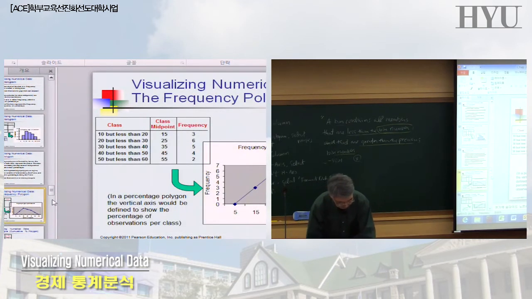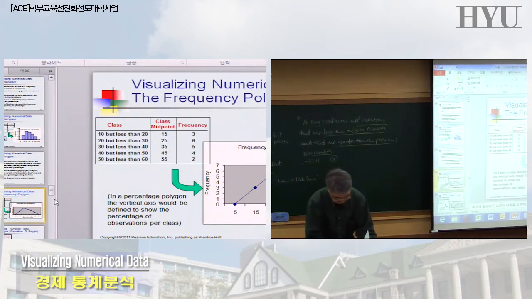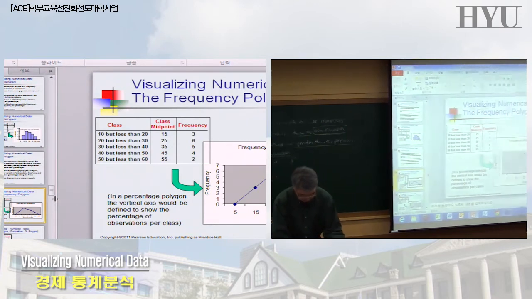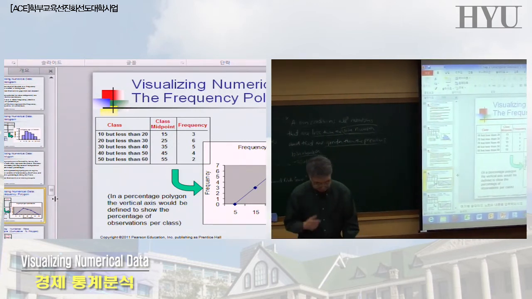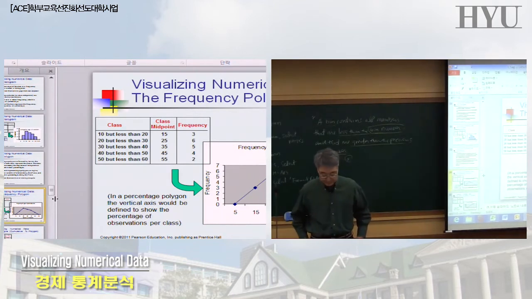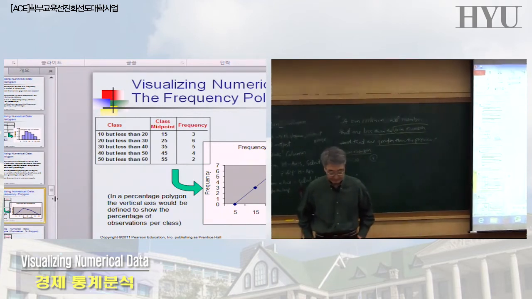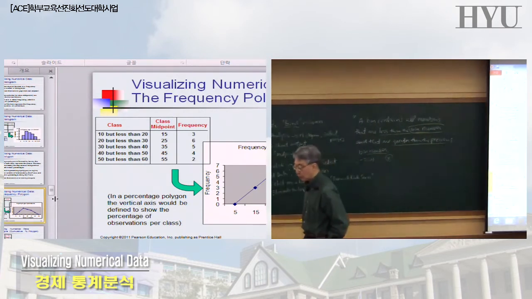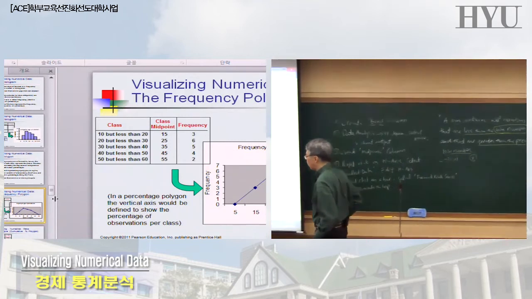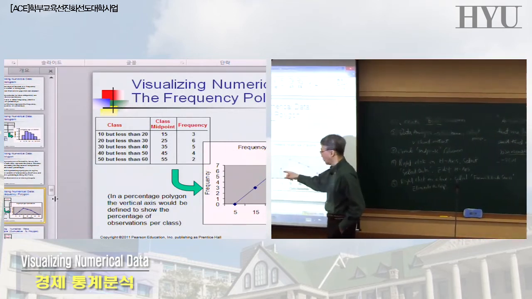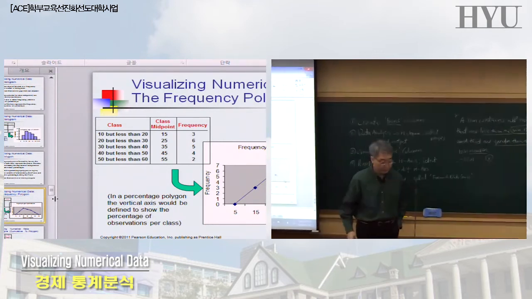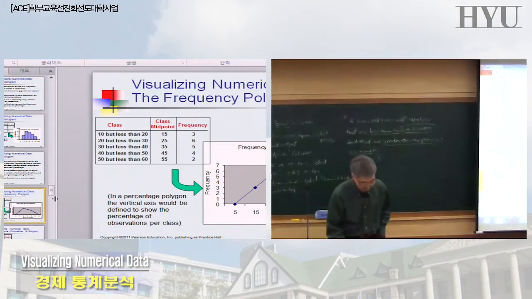Here we go. Polygons. Similar concept with histogram, but instead of histogram, it shows the distribution using the dotted line. And the same concept here.